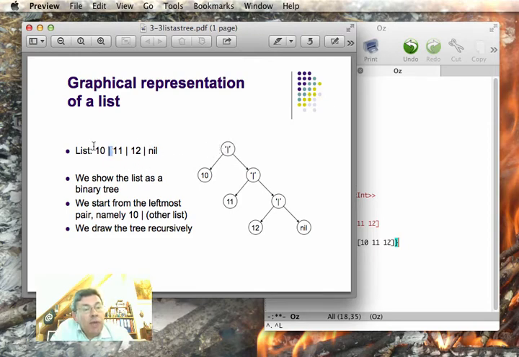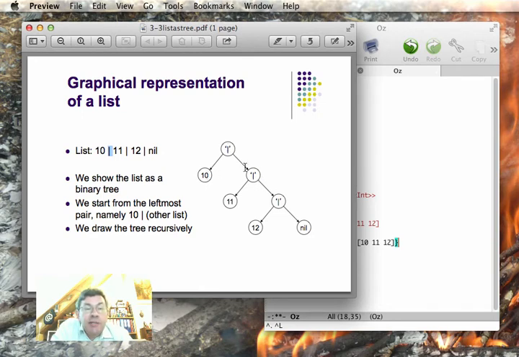And then we take the first element of the list, and it becomes the left subtree. And we take the rest of the list, so the recursive part of the list, and this becomes the right subtree. So we have then here a vertical bar as the root, 10 as the left subtree.